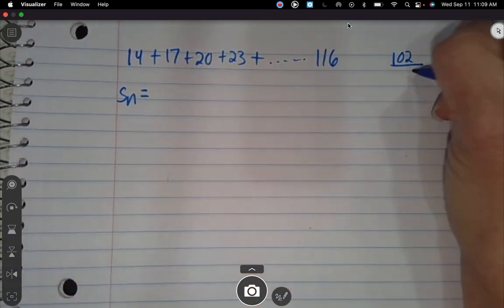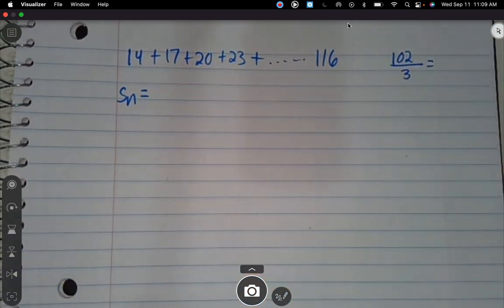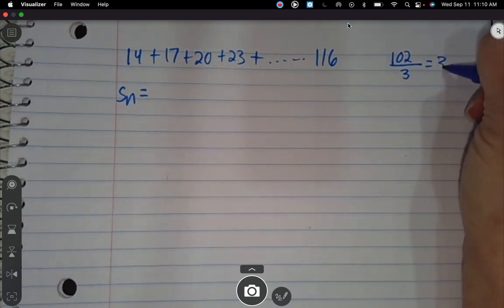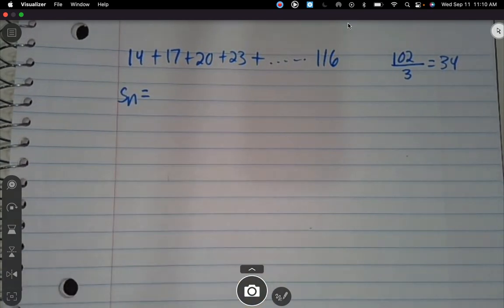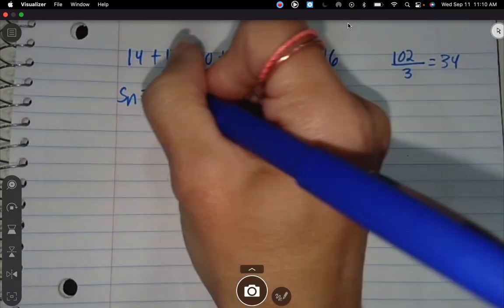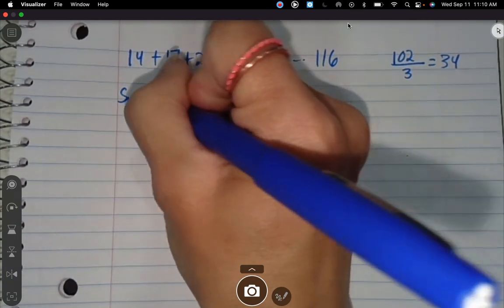Divide it by 3. What'd you get? 34. Then what do you have to do? Add 1 because it didn't include that number 14. It kind of started with the next number. Does that make sense? It'll give you the right thing every time doing that. So our actual number is 35 because we had to add 1.